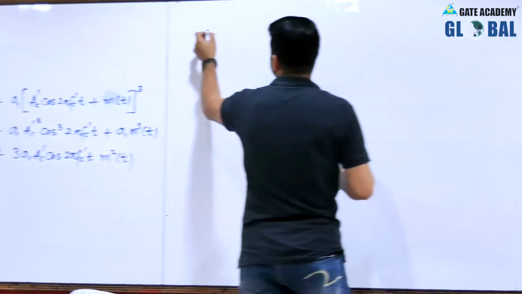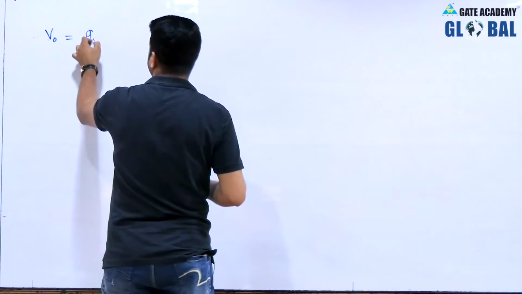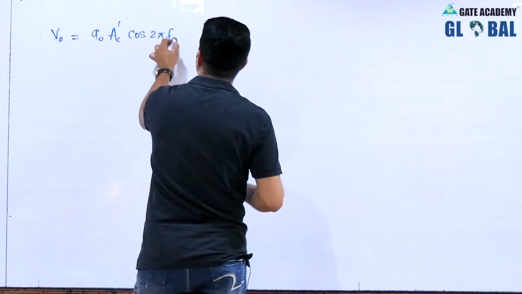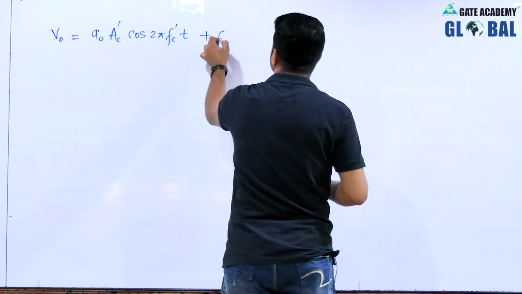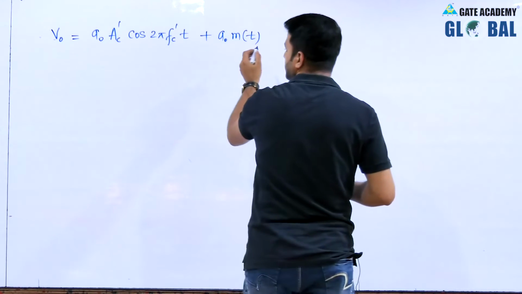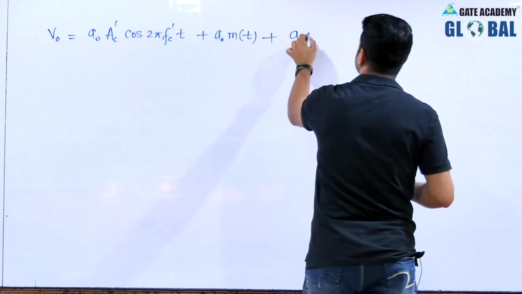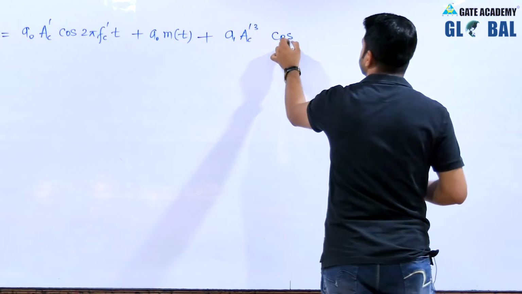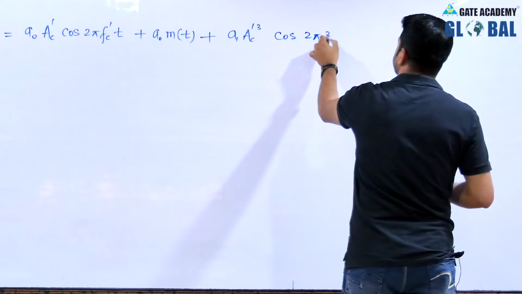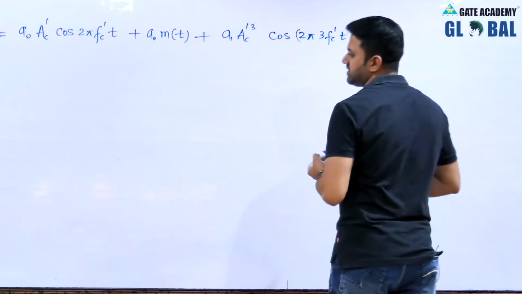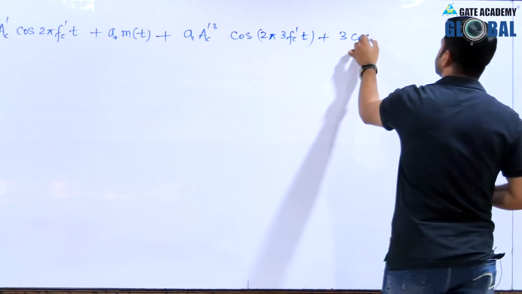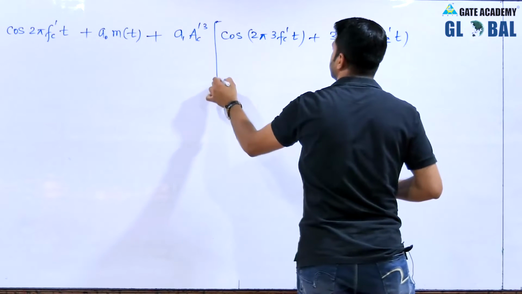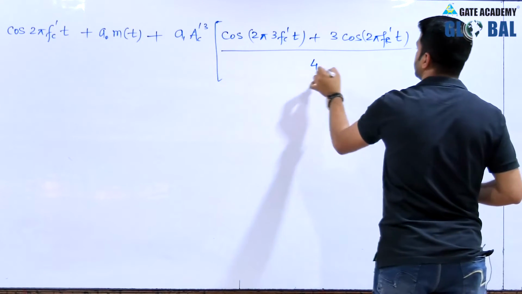Let us apply these formulas in this equation. We will get V0 equal to a0 Ac' cos 2π fc' t plus a0 m(t) plus a1 Ac'^3, where cos^3 theta can be written using cos 3 theta: cos 2π 3fc' t plus 3 cos 2π fc' t, the whole term divided by 4.